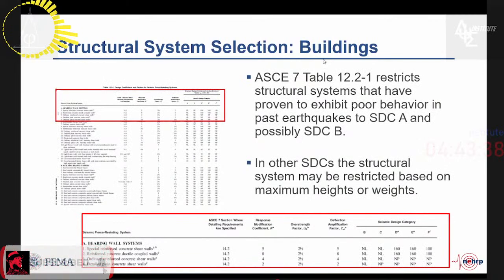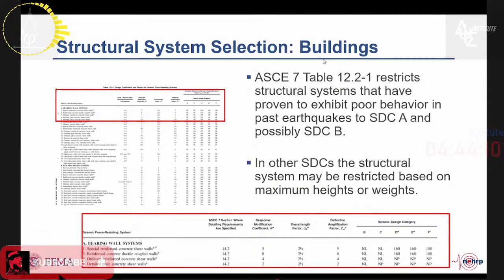Looking at Table 12.2-1, blown up at the bottom here. This table, by the way, is 4 pages long and contains nearly 100 structural systems. We can see that structural systems are defined by their basic type, for example, bearing wall, moment frame, etc. The material of construction, in the case of bearing wall systems, concrete, masonry, etc. And then the level of detailing, ordinary, intermediate, or special.